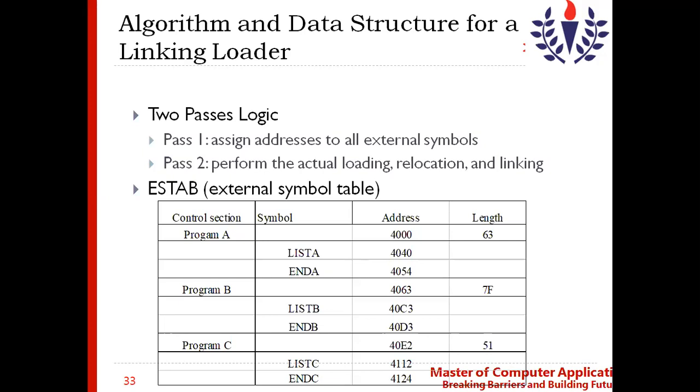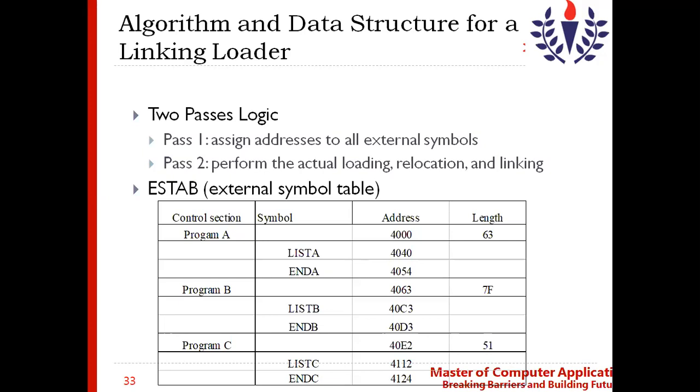The values of these symbols are the actual addresses. It's not the relative address, it's the actual address. We have this ESTAB at the time of loading, created by the linking loader. So we would know the value assigned for the program, since the load address must be known.